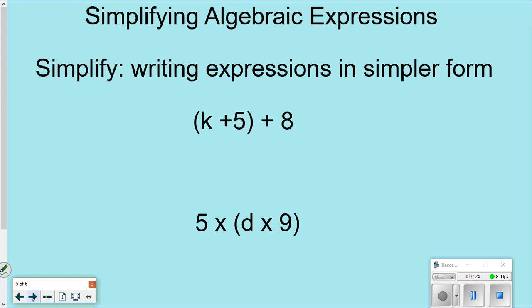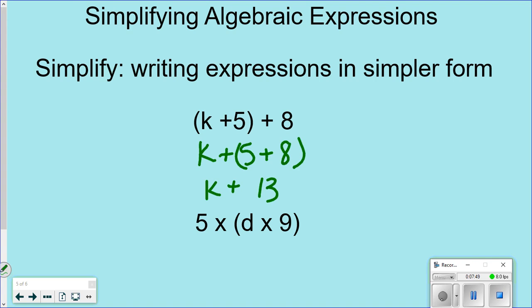So if I look at k plus 5, in parentheses, plus 8, what are the two things that can go together there? Well, I know that 5 and 8 can be added together. So they want you to move those parentheses so that the 5 and the 8 are in the same parentheses. Then they want you to simplify as far as possible.